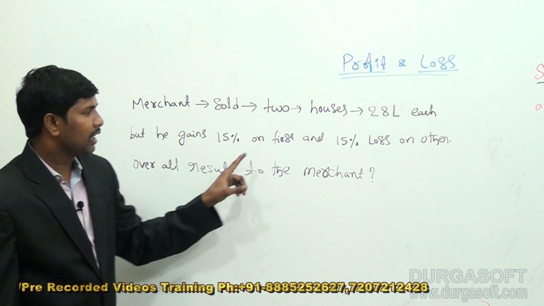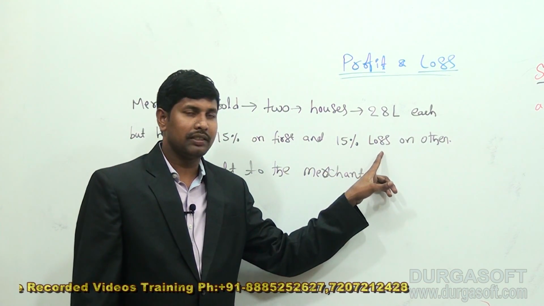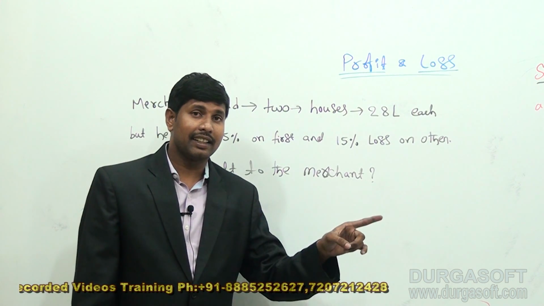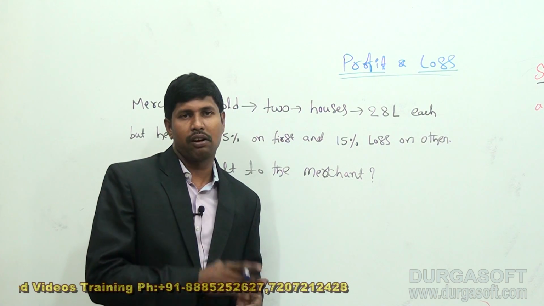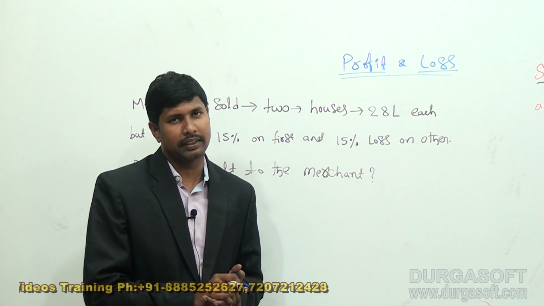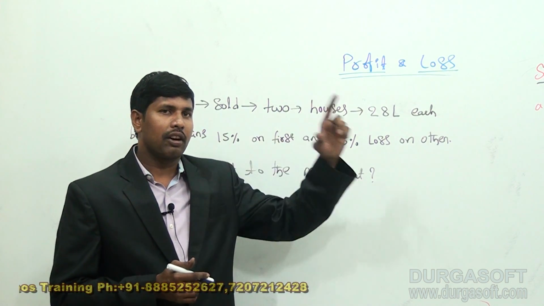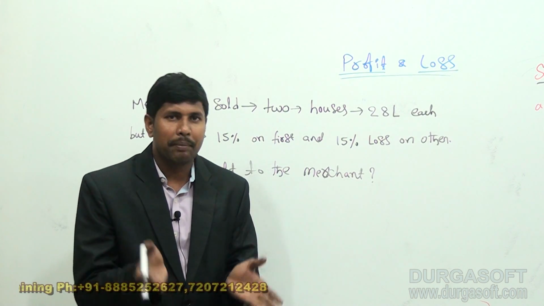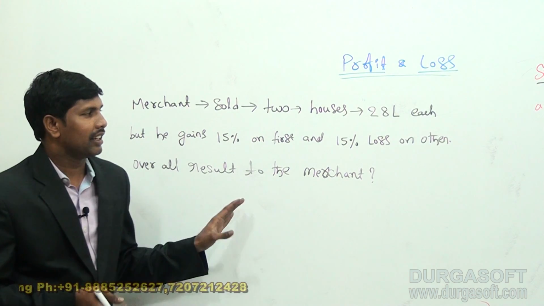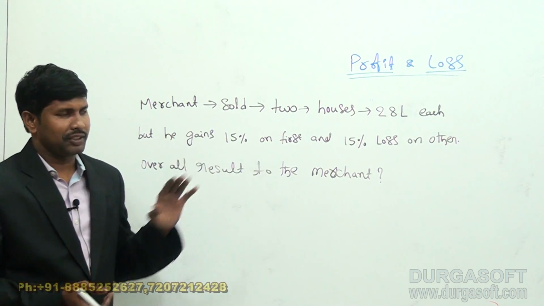In the second article you got 15% loss, so the 28 lakhs in the second case equals 85%, and from that you want the cost price, which equals 100%. Now you need to add the cost prices of the two houses and the selling prices of the two, and compare, and from this you can calculate. This is the entire process.